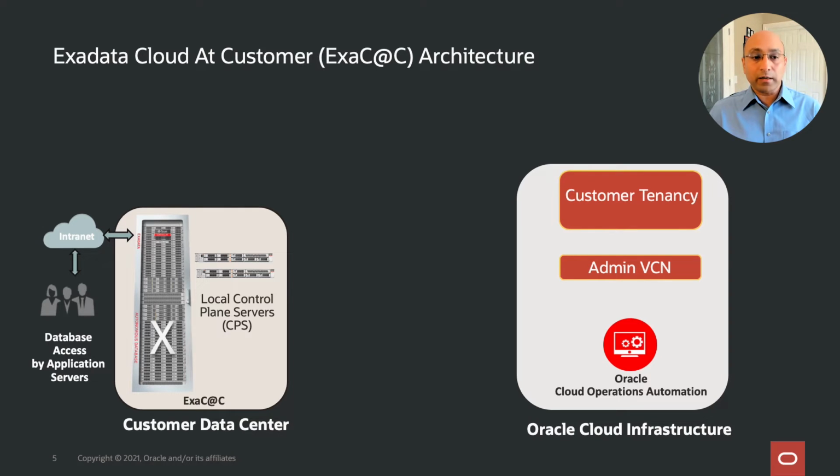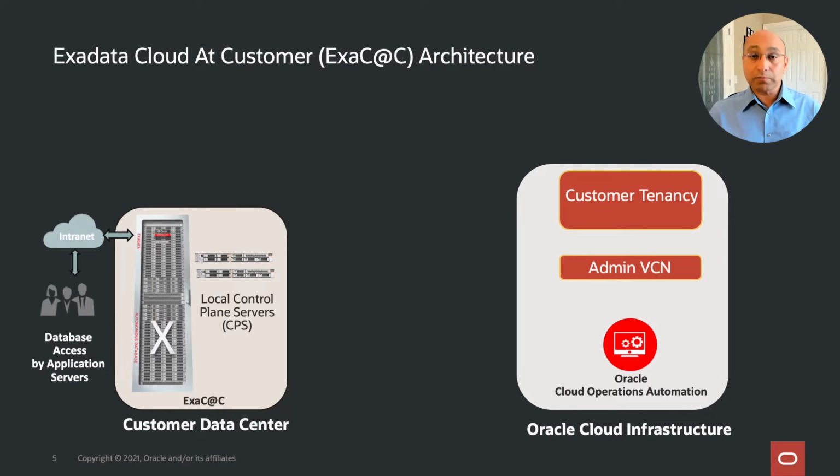And then the Exadata Cloud Customer is connected to the customer's corporate intranet for database access or access by the application servers for the databases that are running on Exadata Cloud Customer. Now, the Exadata Cloud Customer also has these local control plane servers, and these are connected to the Oracle public cloud, which is essentially where the control plane for the Exadata Cloud Customer runs.